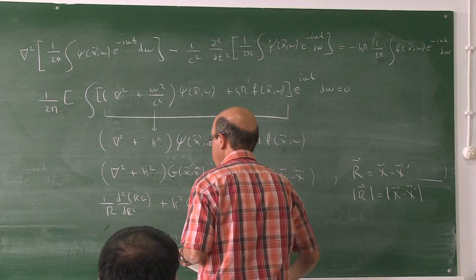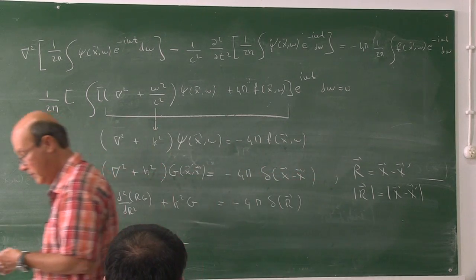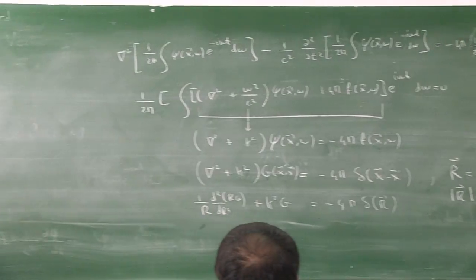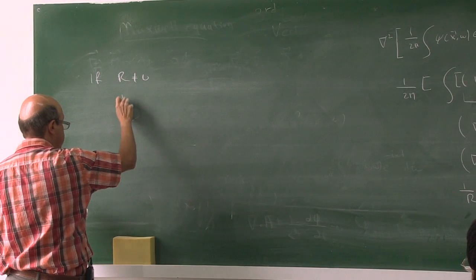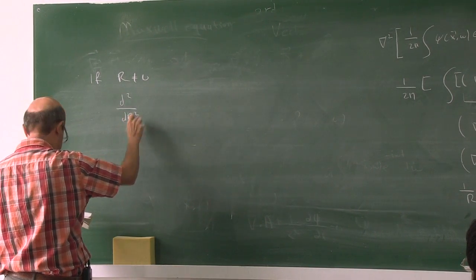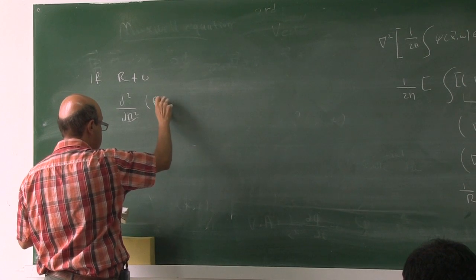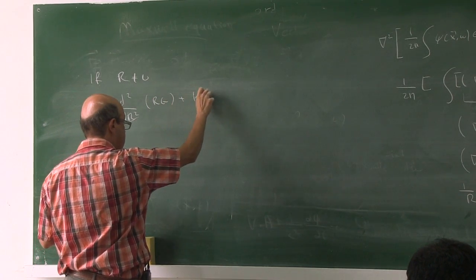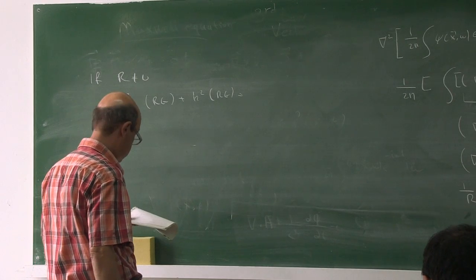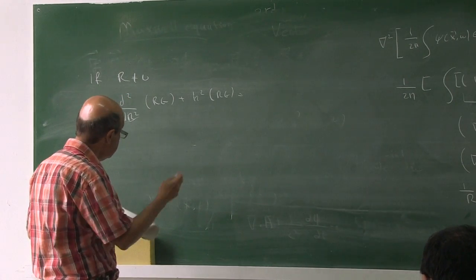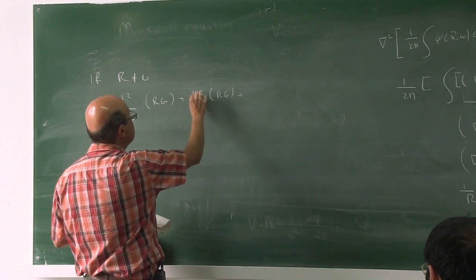When R is not equal to 0, the delta function is 0. That is a very easy equation. If R is not equal to 0, d square over dR square of R G becomes minus k square R G. And what is the solution of this?